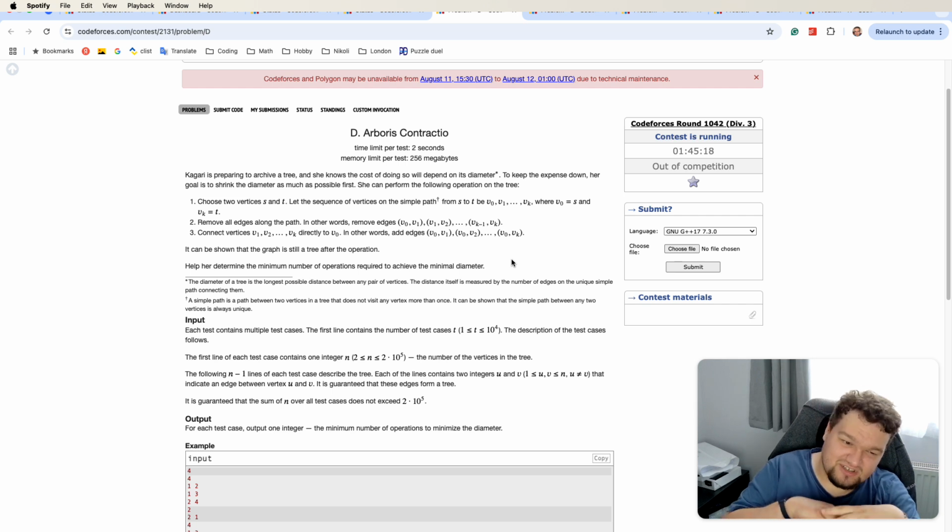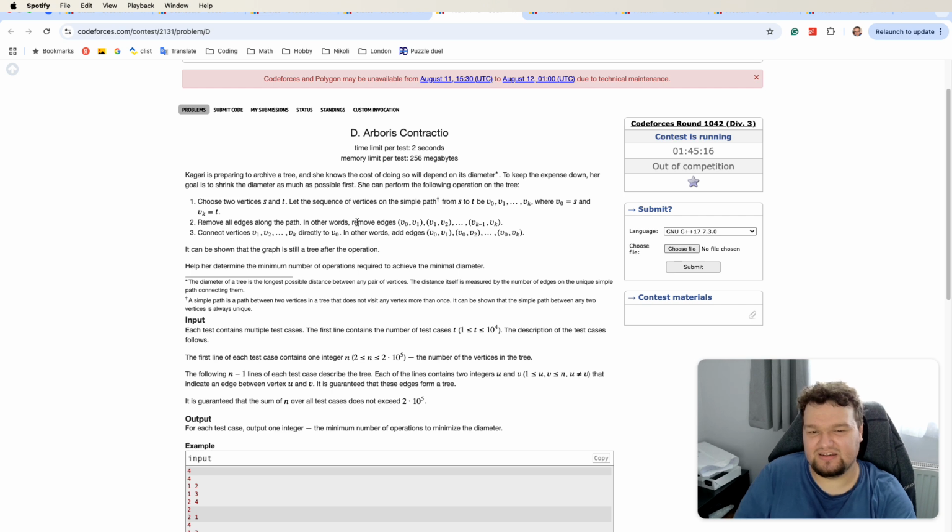So after some number of iterations we can get a star. And the star obviously has the minimal diameter. And it's the only way to achieve diameter two. So we want to get a star.